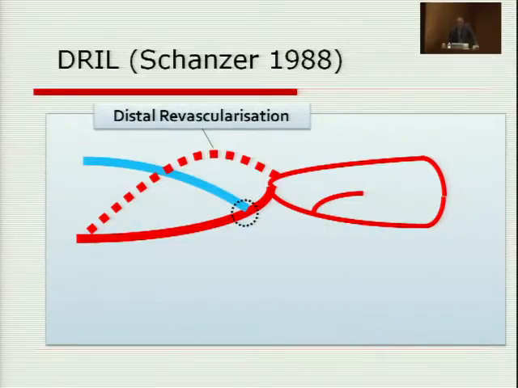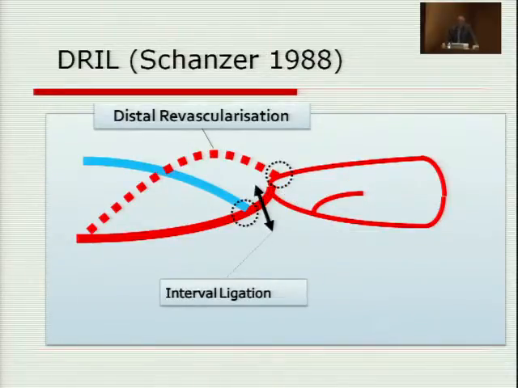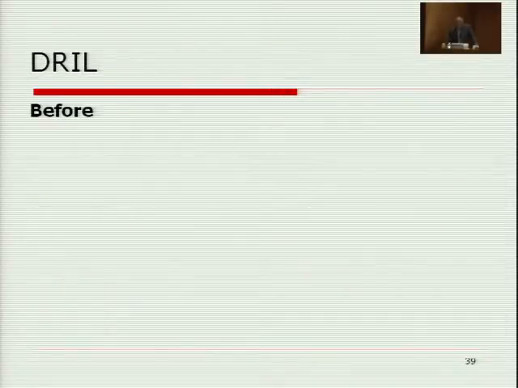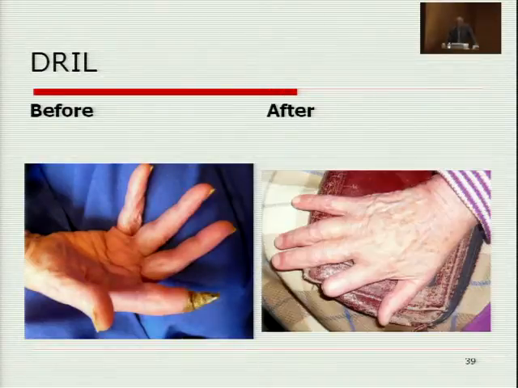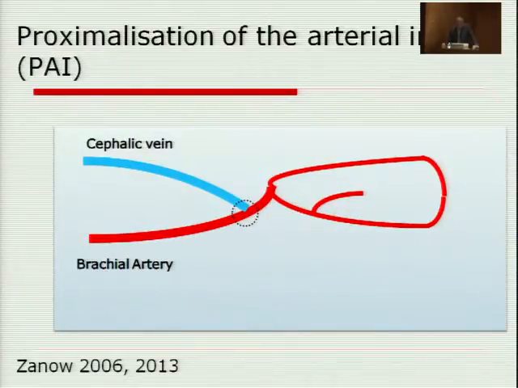At that time, Schanzer was wondering if the flow would be stolen, would become retrograde to the fistula, and to avoid that, he decided, which is quite unusual for a vascular surgeon, to ligate the brachial artery. This is one result of that operation, and we'll see that later on.